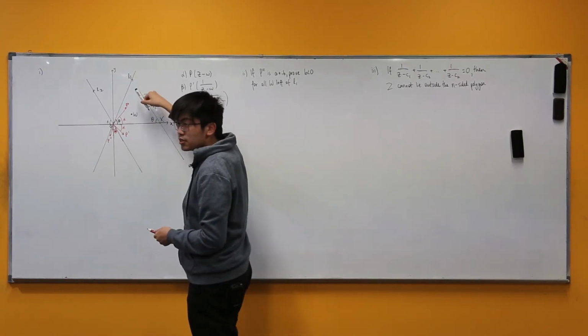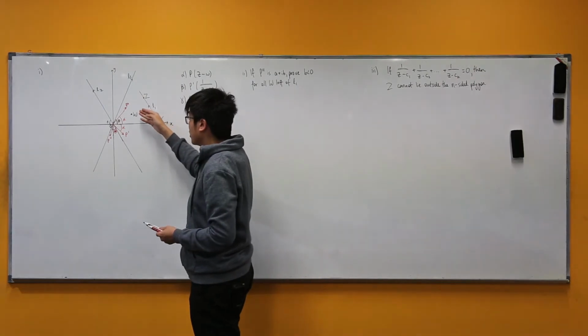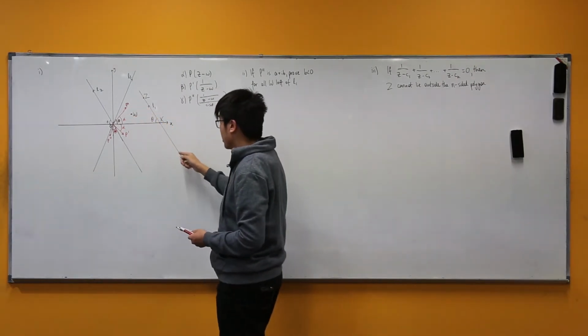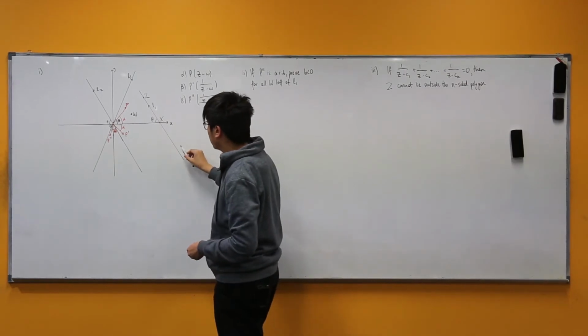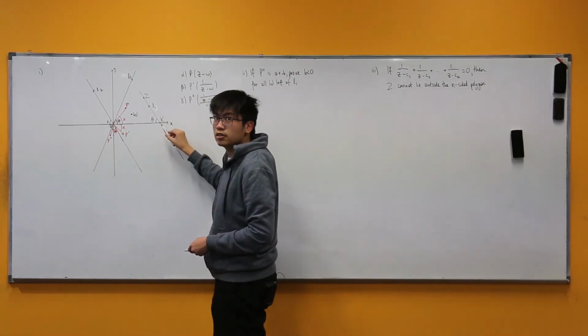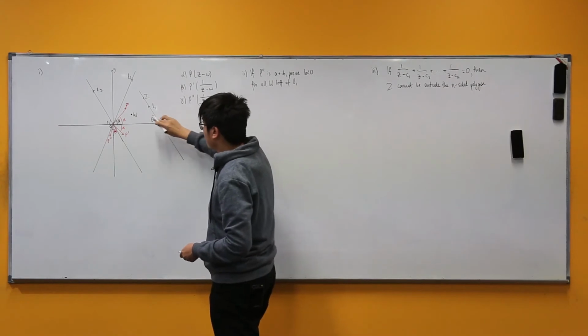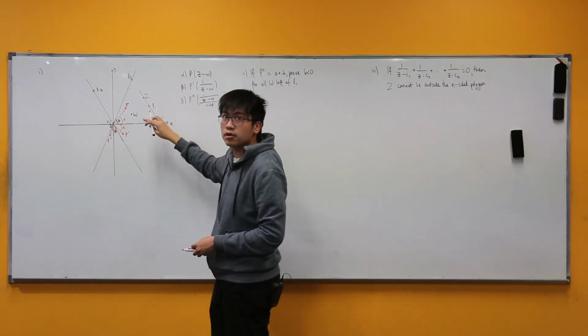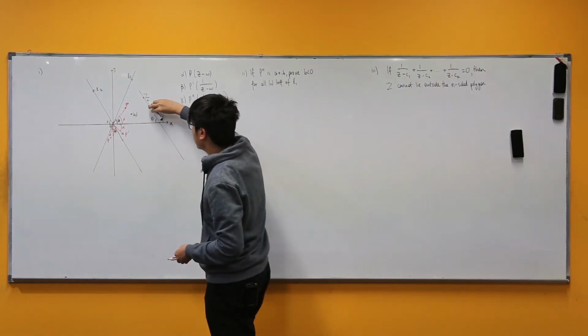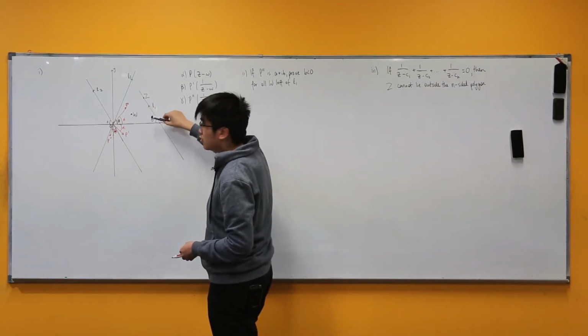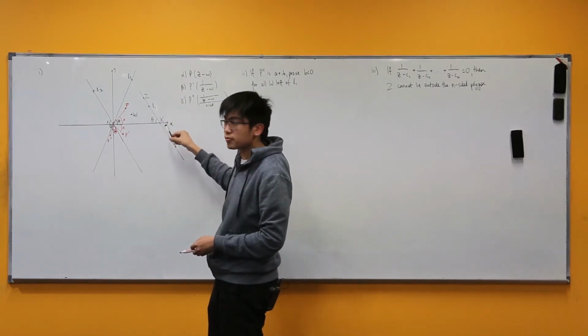So the direction will be this, and the lowest point that W can be is somewhere on this line, and the vector WZ will be this way. So we know because W has to be left of L1, therefore the Argand value must be from somewhere here to here. Just thinking about it visually.